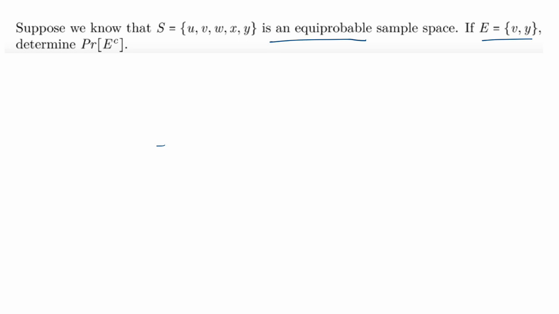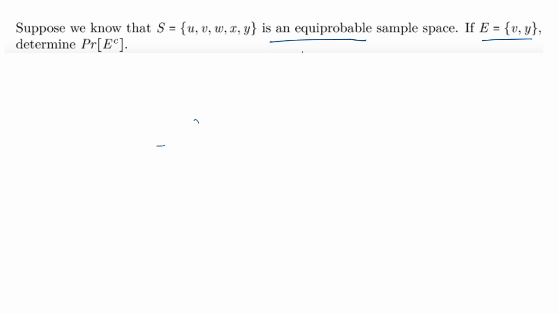Okay. So let's see how we can do this. There are two ways of doing it. I'll go through both. So you have a sample space. Imagine that you have a bucket with U, V, W, X, Y. So you have 1, 2, 3, 4, 5 elements in your sample space.